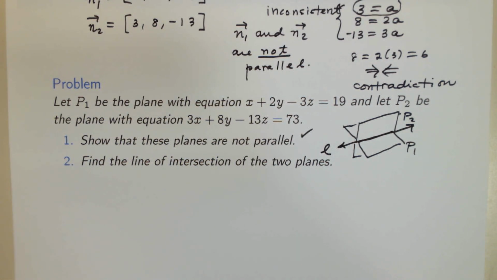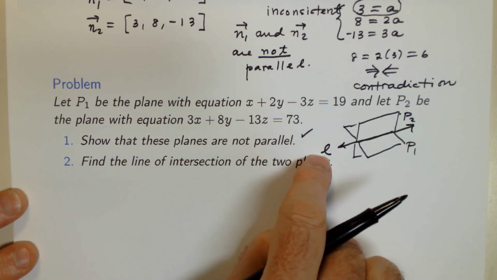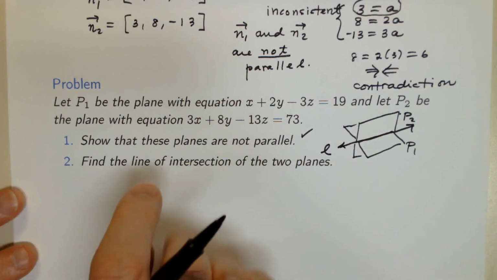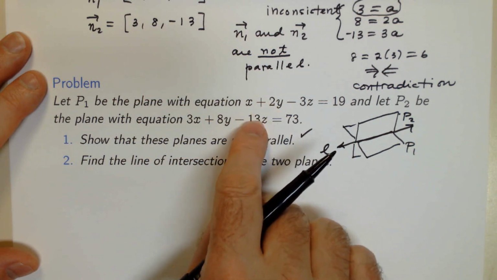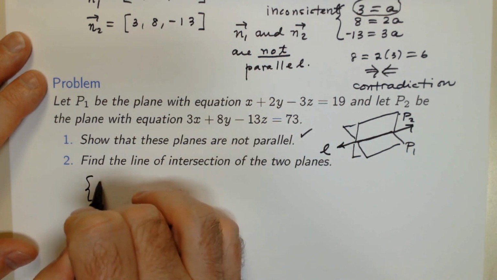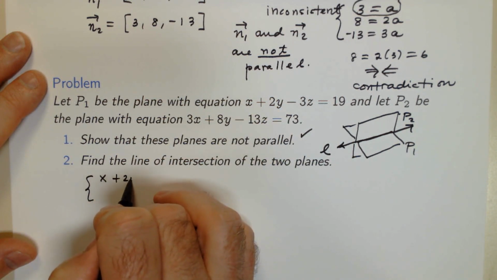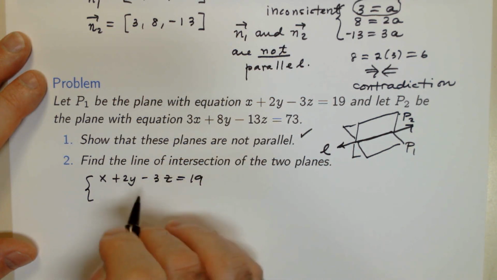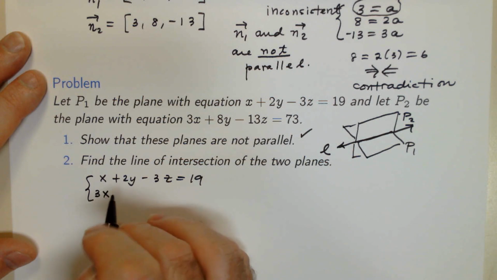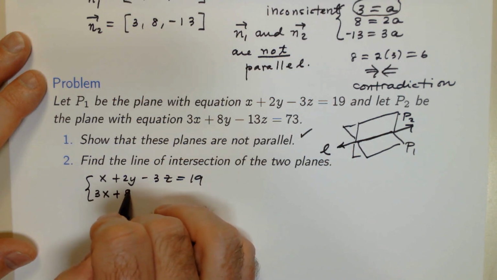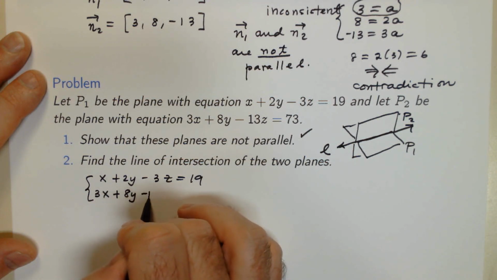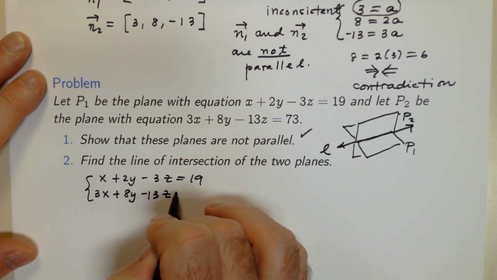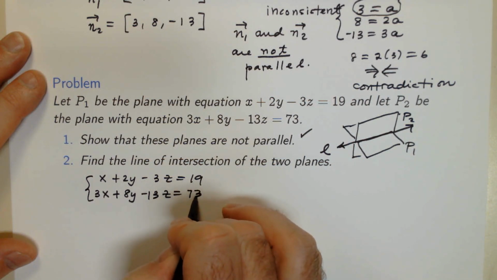Now, what would it mean to find the points where the two planes intersect? That means we're looking at these general equations. I want to make sure I transcribe them carefully, because if I make any mistakes along the way here, it's all for naught.